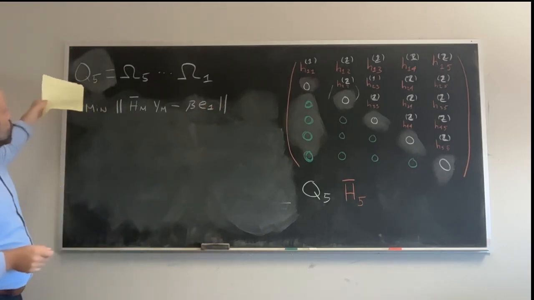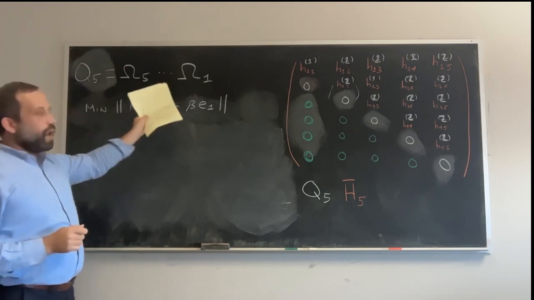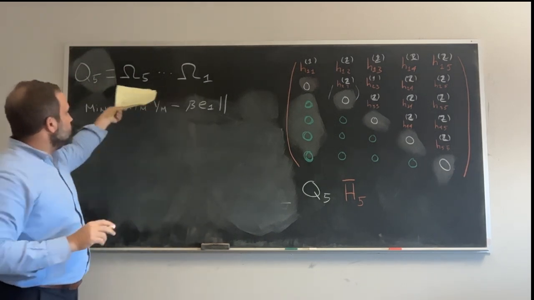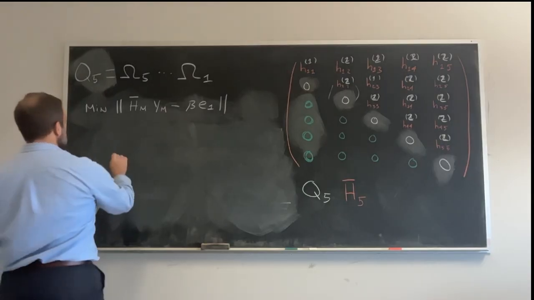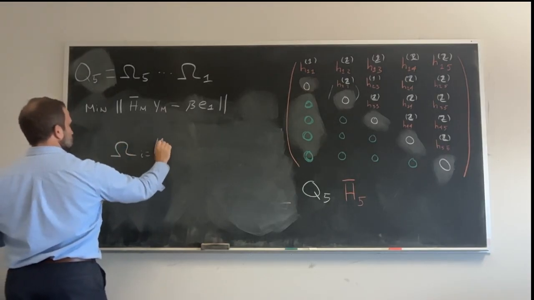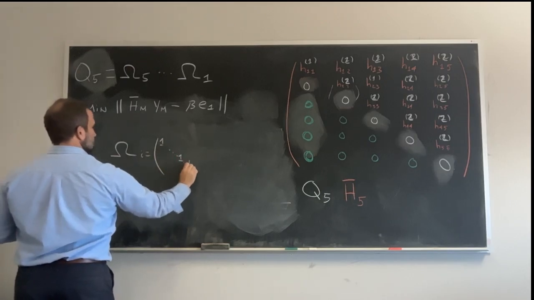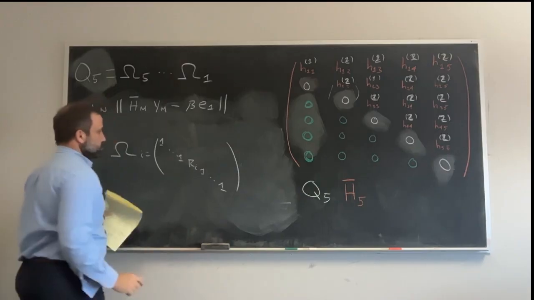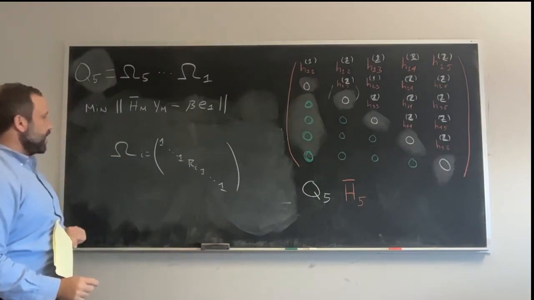Now, what is Q5? Well, it's a product of each one of these omegas. Each one of these omegas has the following form: the identity, a rotation matrix, and then the identity. So it's like a rotation matrix embedded in the identity.